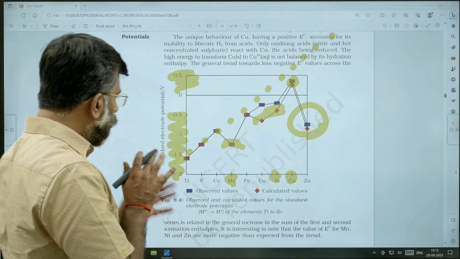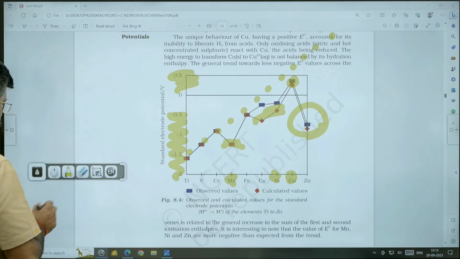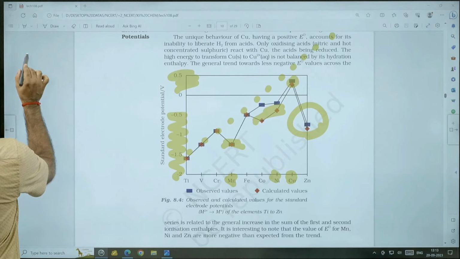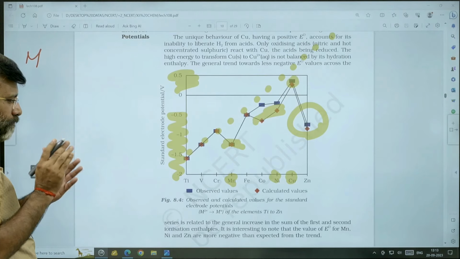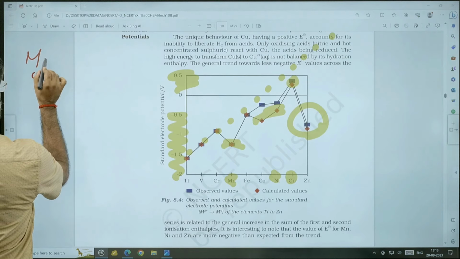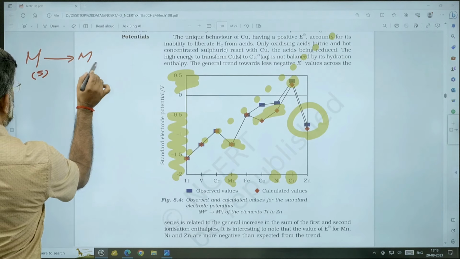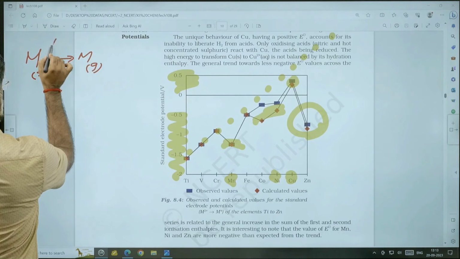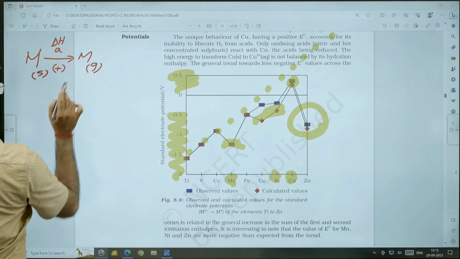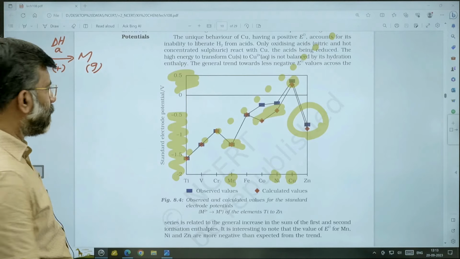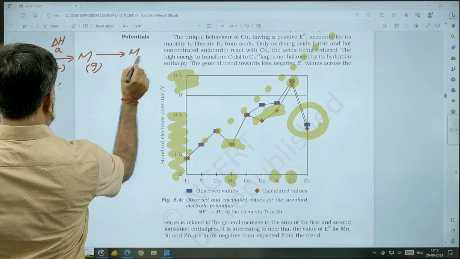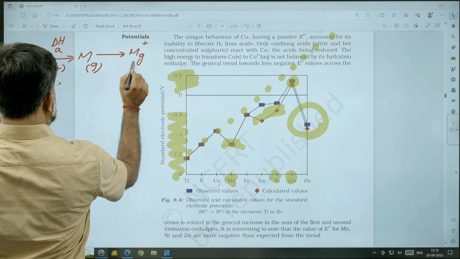You see, what is deciding this standard reduction potential? Standard reduction potential is decided by important thermodynamic parameters. You have metal solid, which is converted to M gas. This value is the enthalpy of atomization, which is endothermic. Now, this M gas is converted to M plus gas.